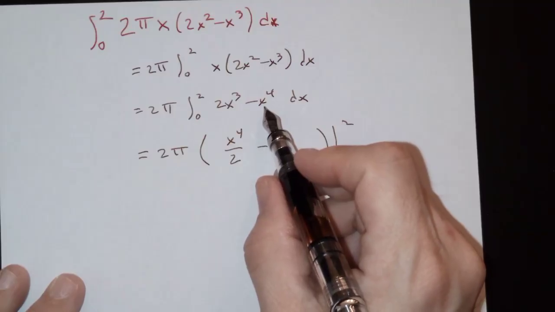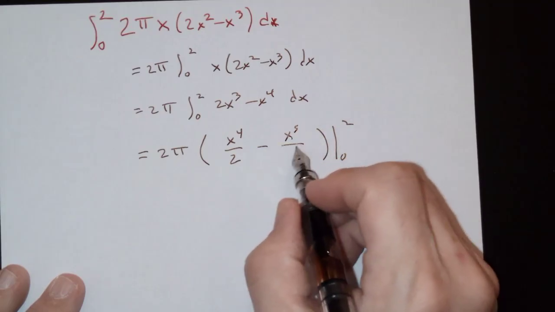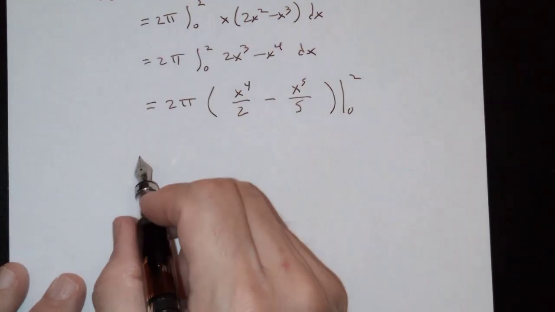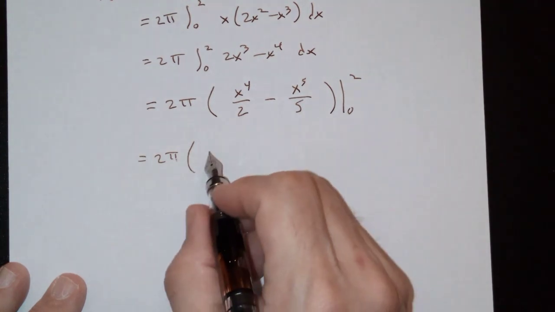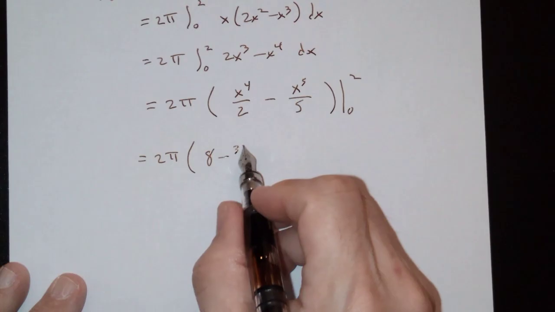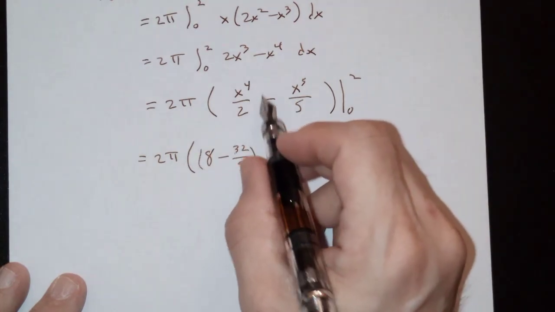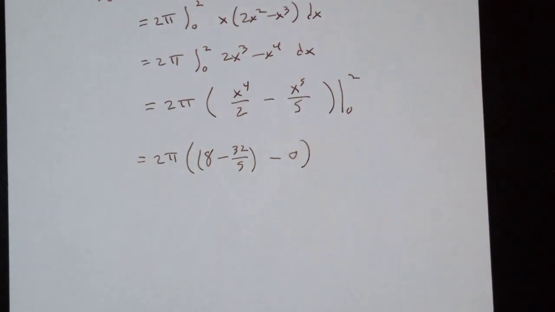The antiderivative of x to the fourth. Plug in 2, plug in 0, subtract. 2 to the 4th is 16. 16 over 2 is 8. 2 to the 5th is 32. I'm dividing by 5. Put in 0. 0 to the 4th is 0. 0 to the 5th is 0. So I end up subtracting 0.